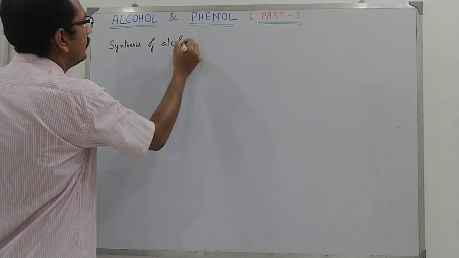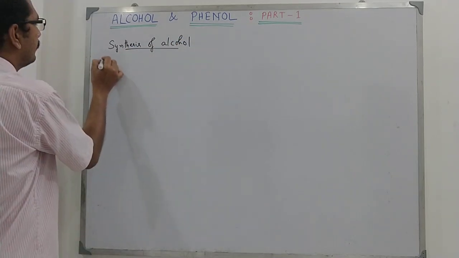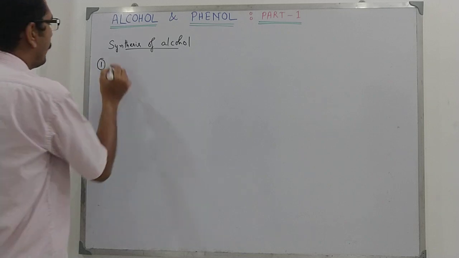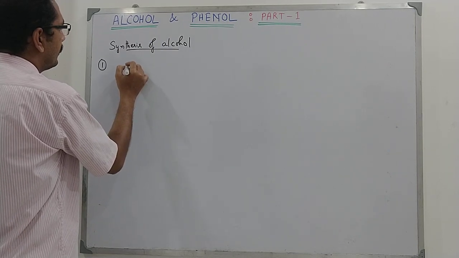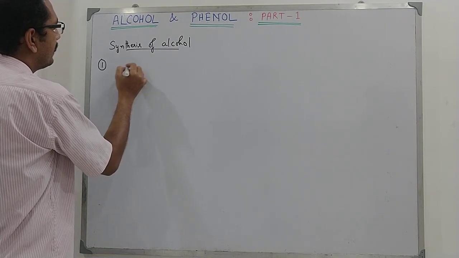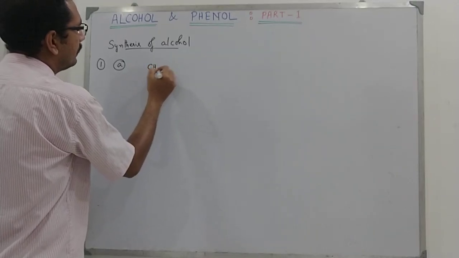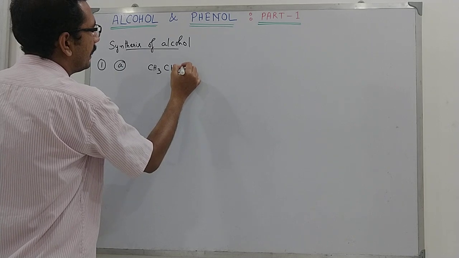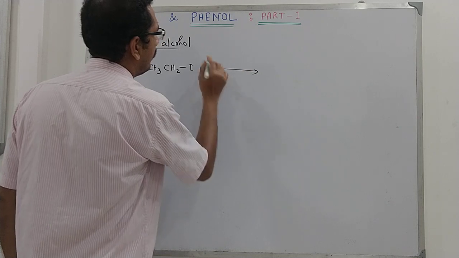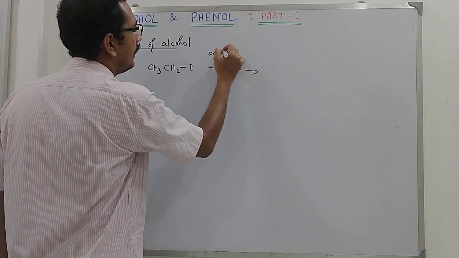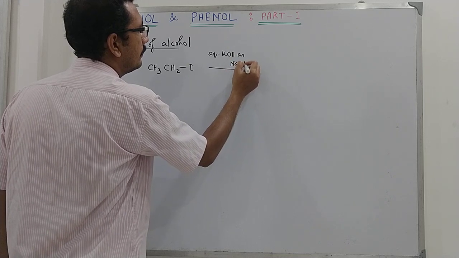Now reaction 1, we can synthesize alcohol through substitution reaction. For example, if we start with ethyl iodide, CH3CH2I, and we heat it with aqueous KOH or NaOH.